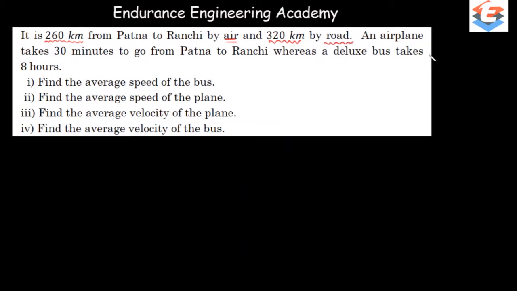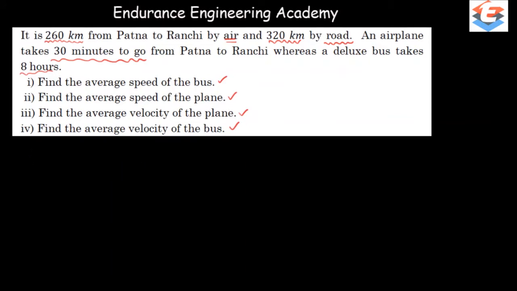Okay, an airplane takes 30 minutes to go from Patna to Ranchi, whereas deluxe bus takes 8 hours. Find the average speed of the bus, average speed of the plane, average velocity of the plane, average velocity of the bus. So first we will extract the given data.